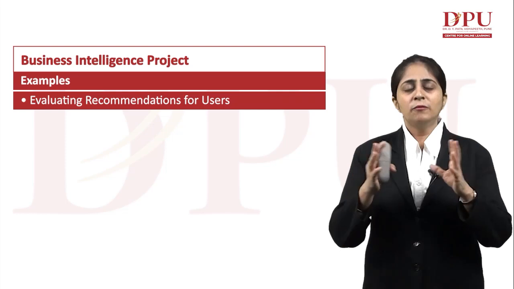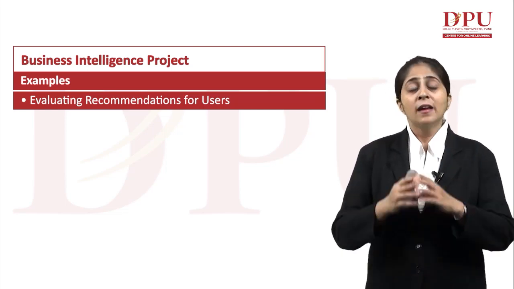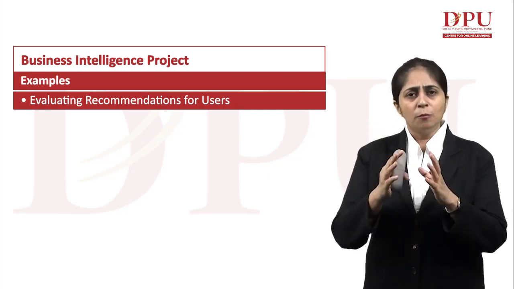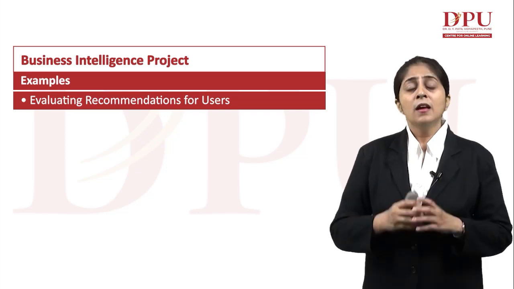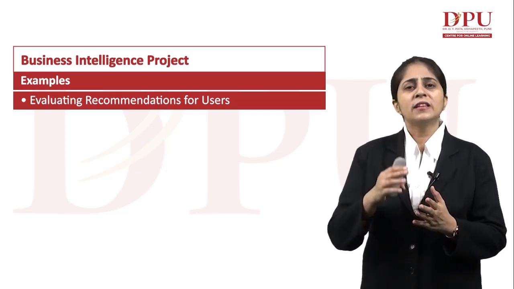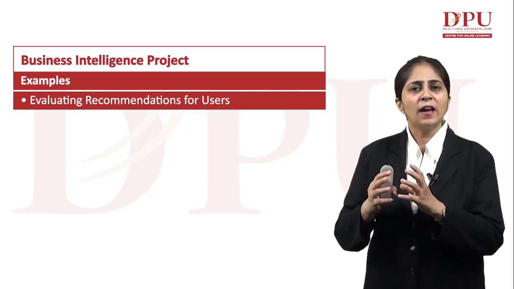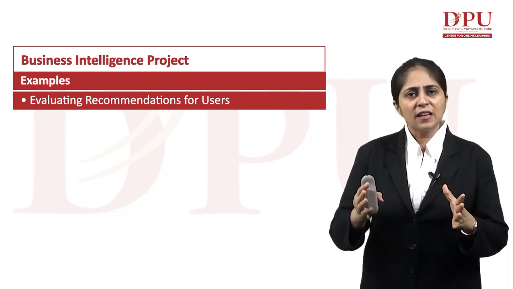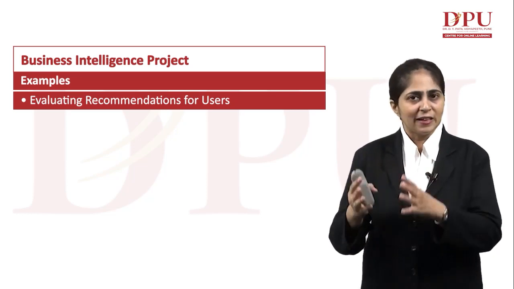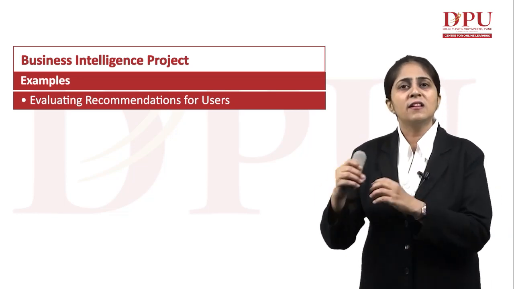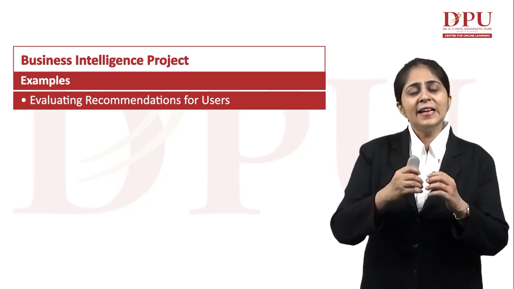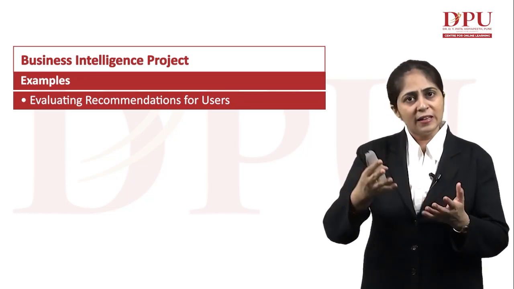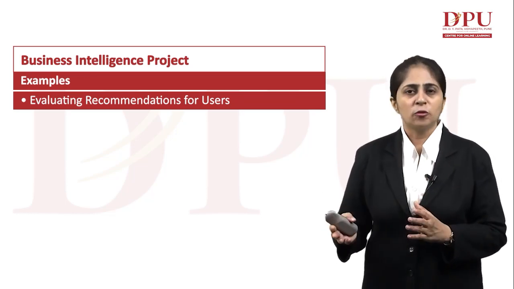Suppose we are talking about Netflix. You watch a movie on Netflix. When you click on that movie, this will serve as data for that particular app. Next time, whenever you open Netflix, recommendations related to the movie you had earlier watched will be provided to you.